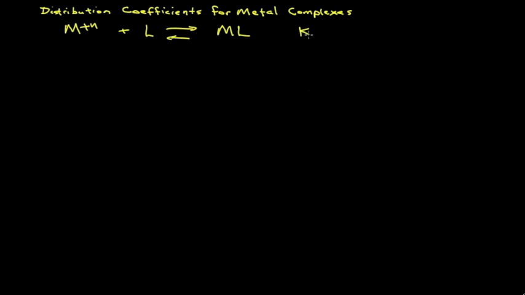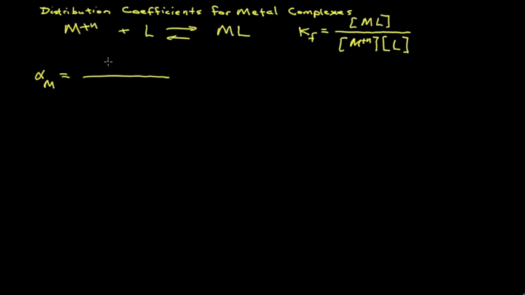There's an equilibrium constant for the formation of that complex that can be described in terms of products over the reactants. And we'll not bother putting the charge on the complex. Let's talk about the fraction that's in the free metal form.